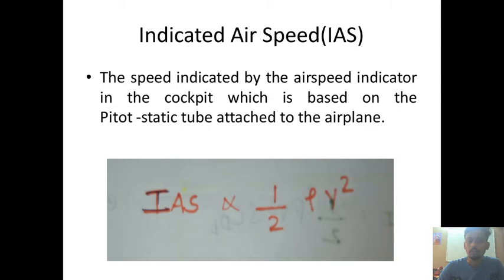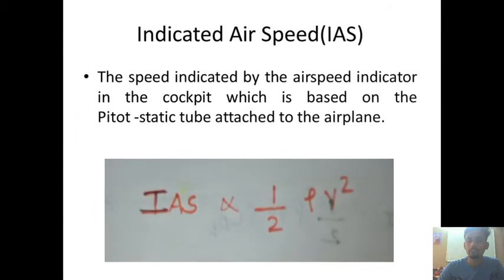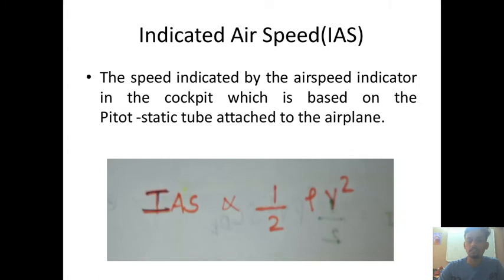The kinetic energy formula is half m v squared. In the case of fluids in motion, we write half rho v squared. So the indicated airspeed is proportional to the dynamic pressure, that is half rho v squared.